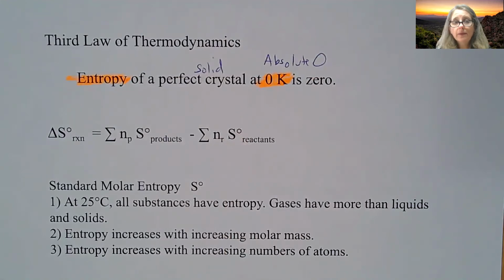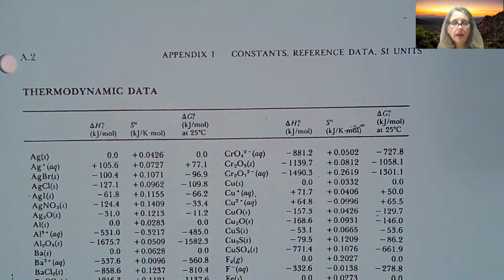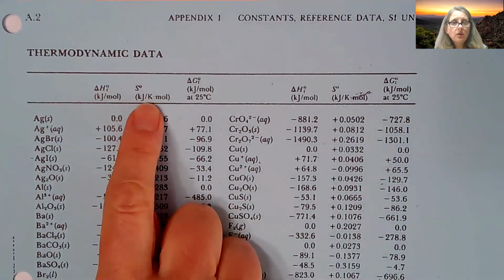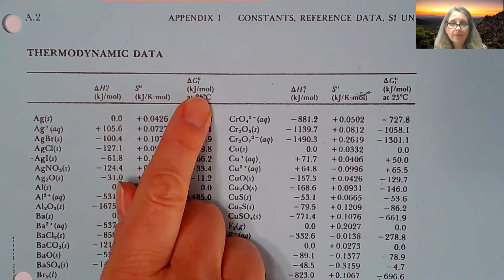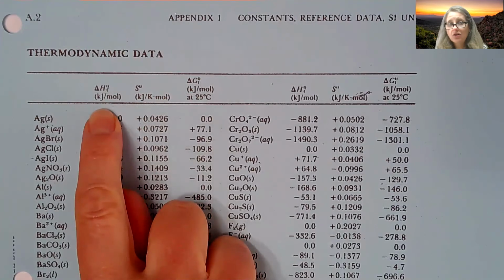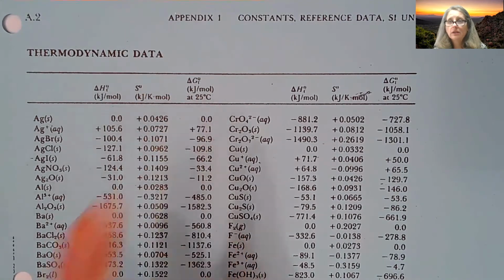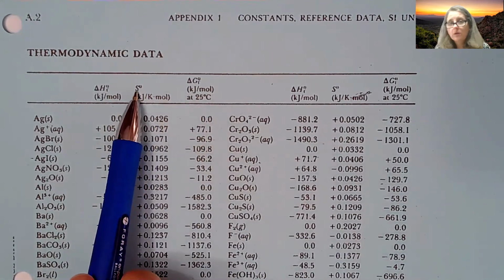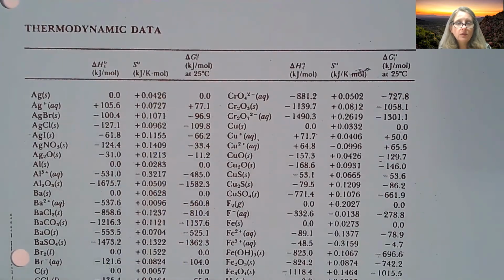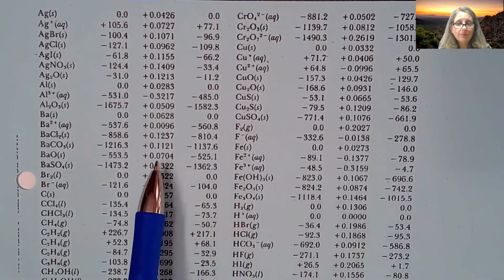Everything has entropy. So this table that I have given you, you will see that it has 3 columns, delta H, S, and delta G, okay? Now the S is what we're focusing on now. We did delta H before, and we will talk about delta G a little bit later. So focus on S. Realize that when you look down this column, you're going to see everything has a number associated with it.